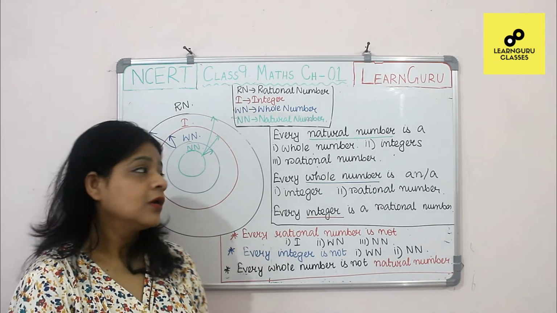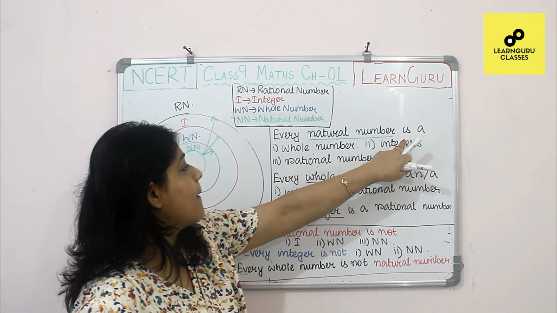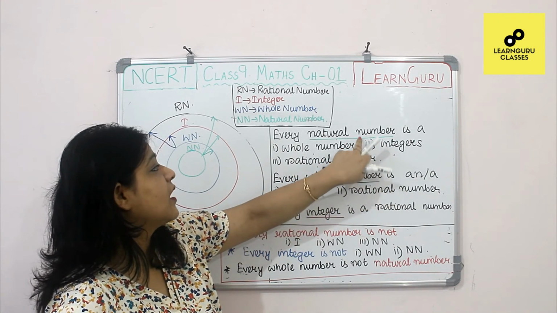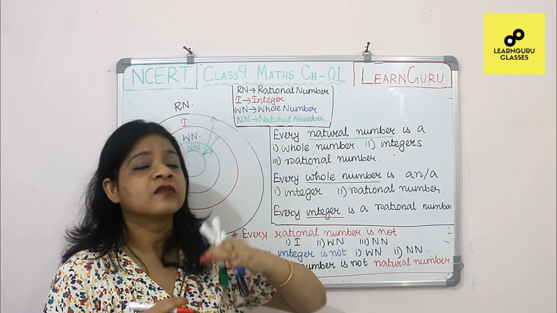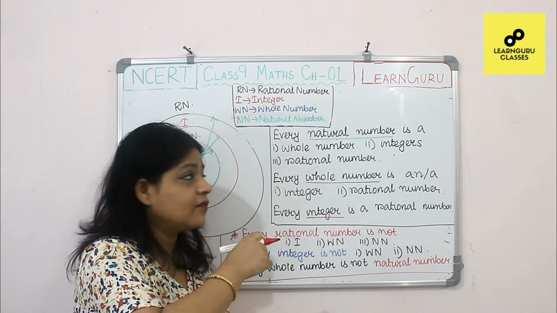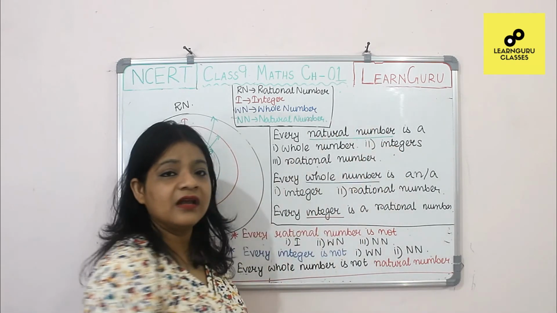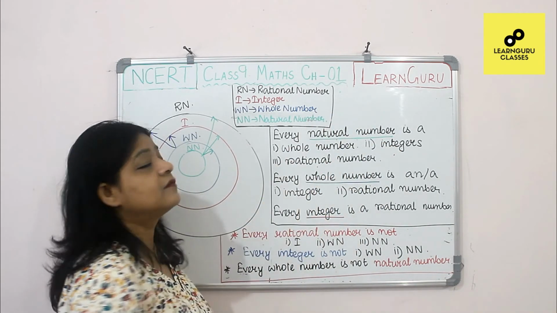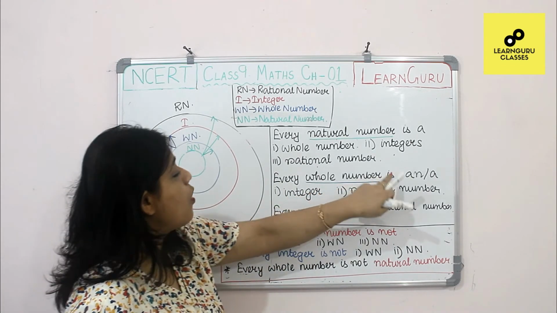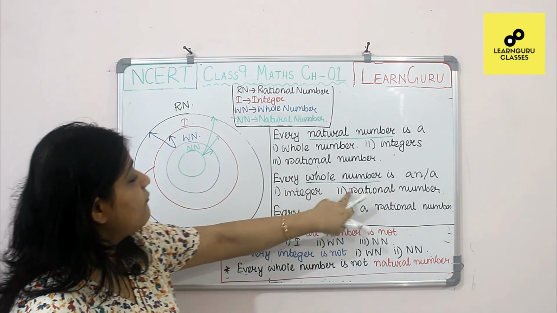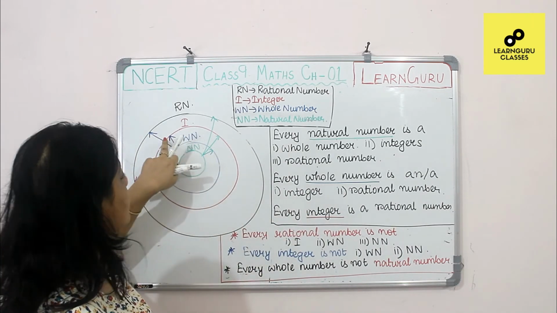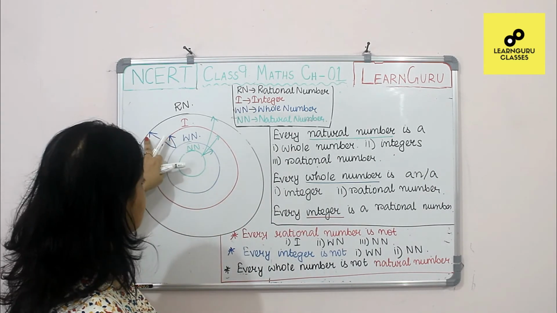Understood? Every natural number, as you can move from natural number to all the other numbers, means you can go from smaller circle to the bigger circle. So whole number is bigger than natural number, integer is bigger than natural number, rational number is bigger than natural number. Then every whole number: from whole number you can move to integer, you can move to rational number.